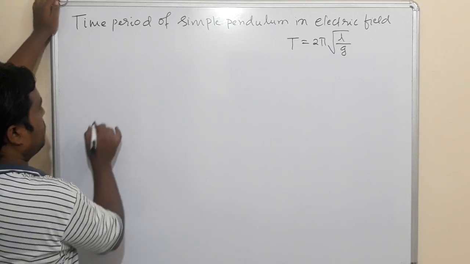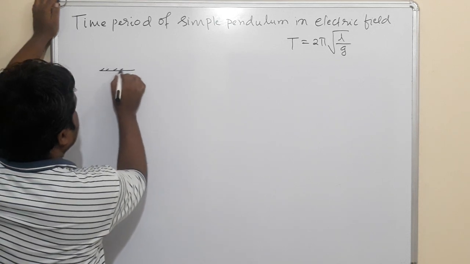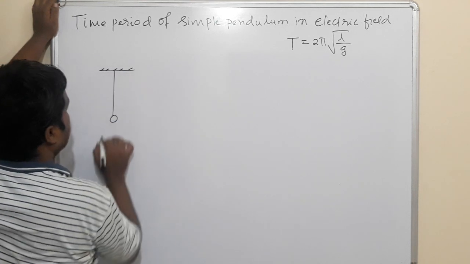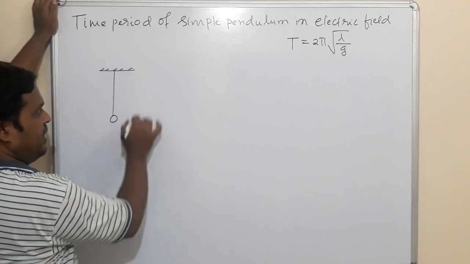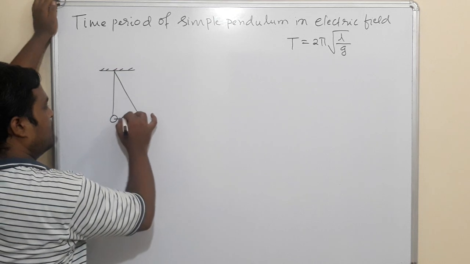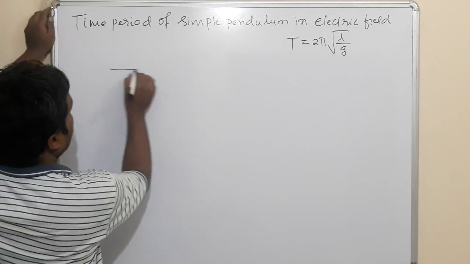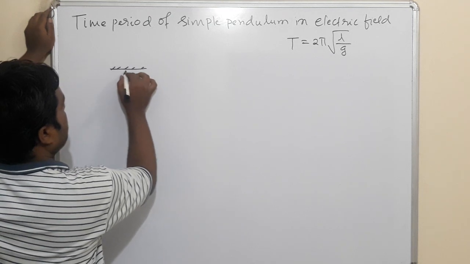For that case, see, we have a simple pendulum like this, oscillating around this mean position. If it makes an angle theta with the vertical, see, this is rigid support.